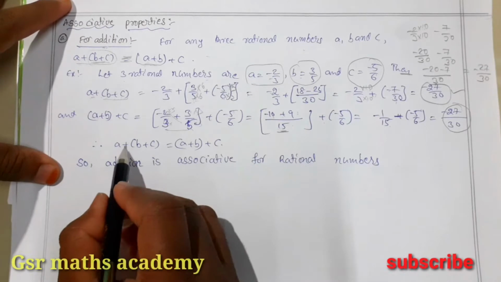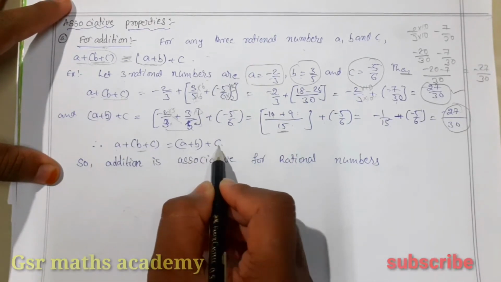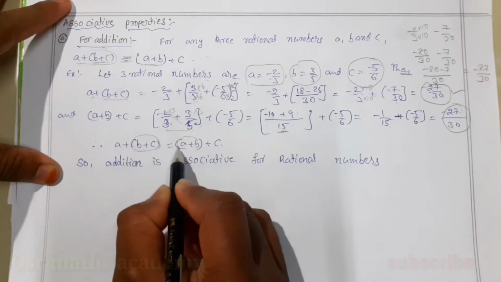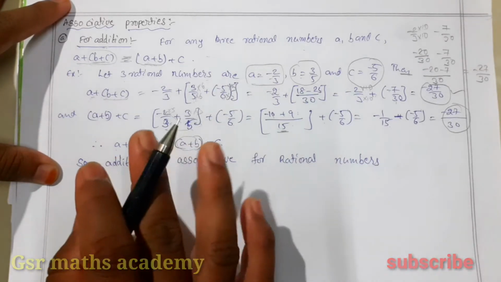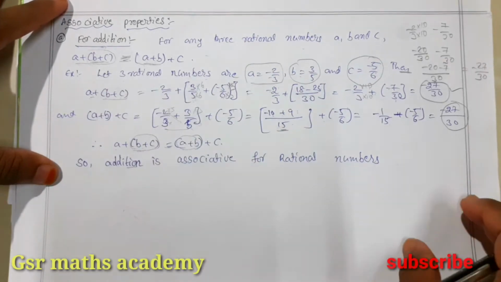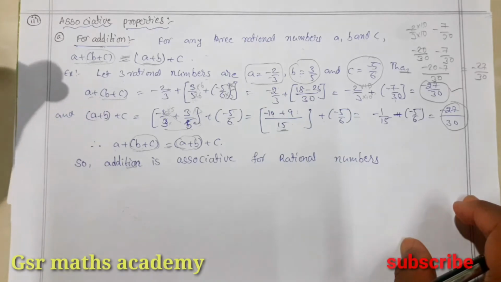That means a plus (b plus c) is equal to (a plus b) plus c. On changing the group of the numbers while adding, the result remains the same. That's why we say that the collection of rational numbers follows the associative property under addition.